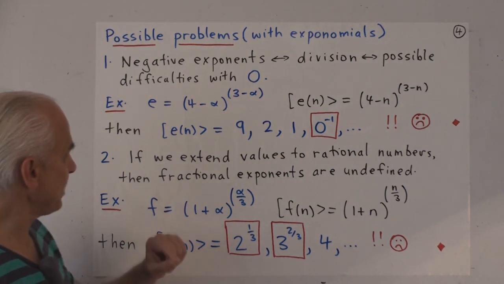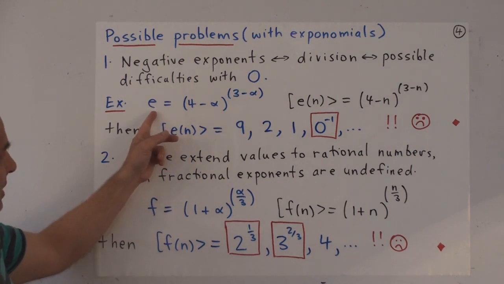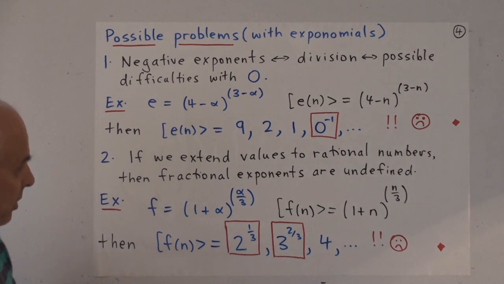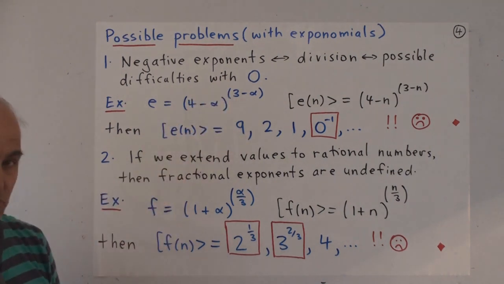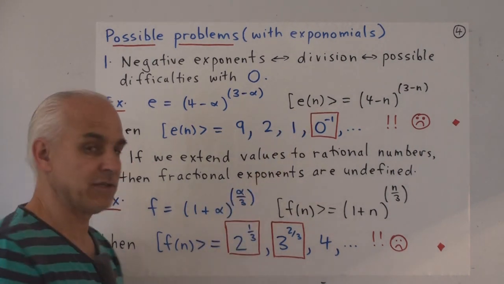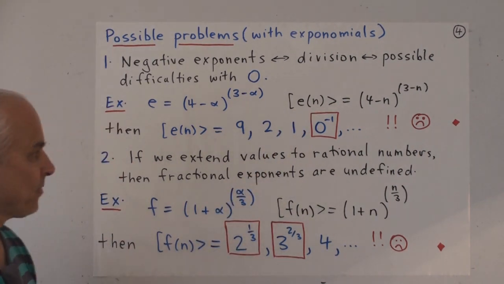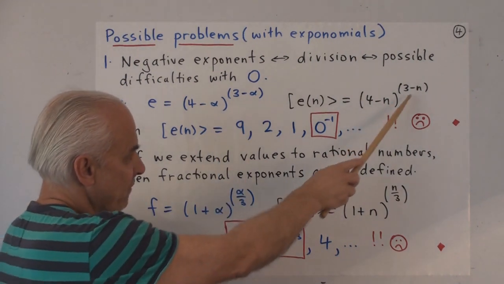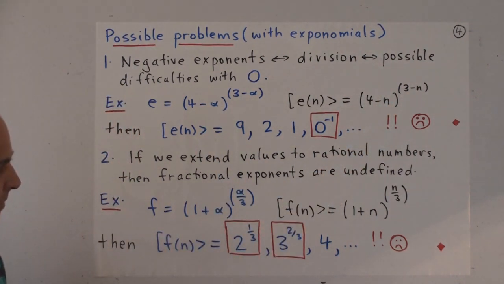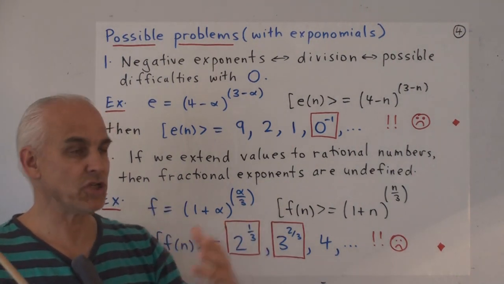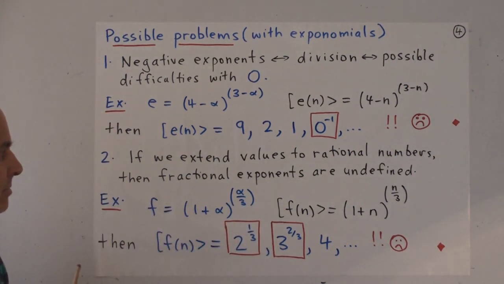So for example, consider this example here. If e is 4 minus alpha to the 3 minus alpha, here we're allowing integer coefficients, then here would be the corresponding exponomial sequence, e of n, just obtained from this one by replacing the alpha with the n.